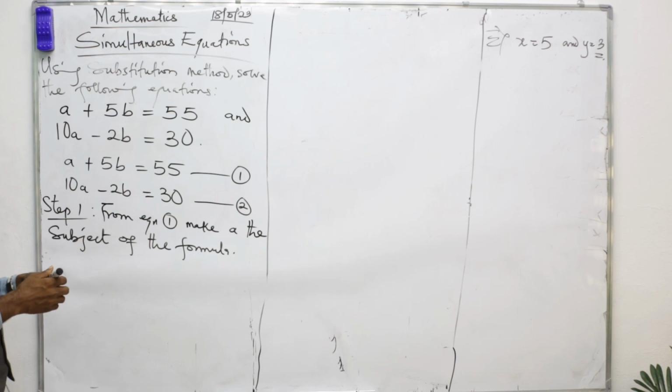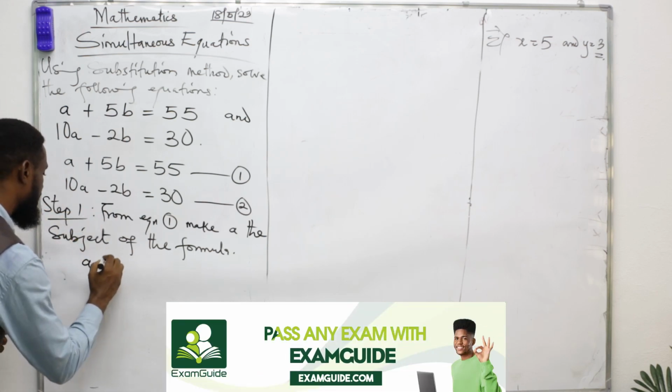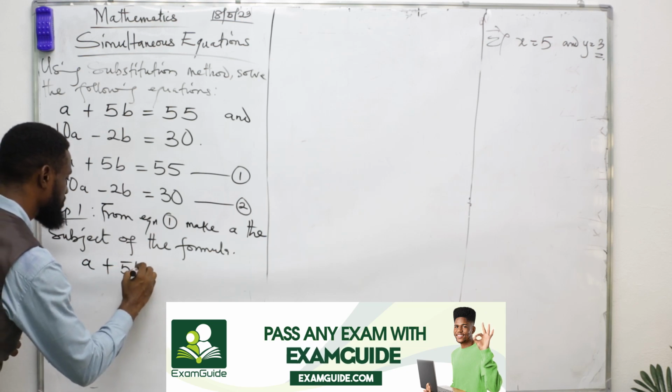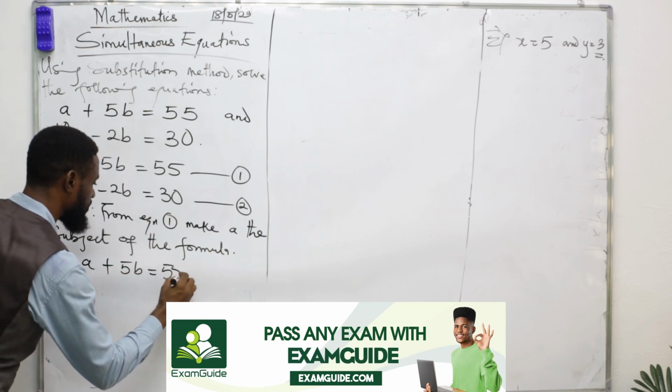So we want to make A the subject. We have A plus 5b is equal to 55.